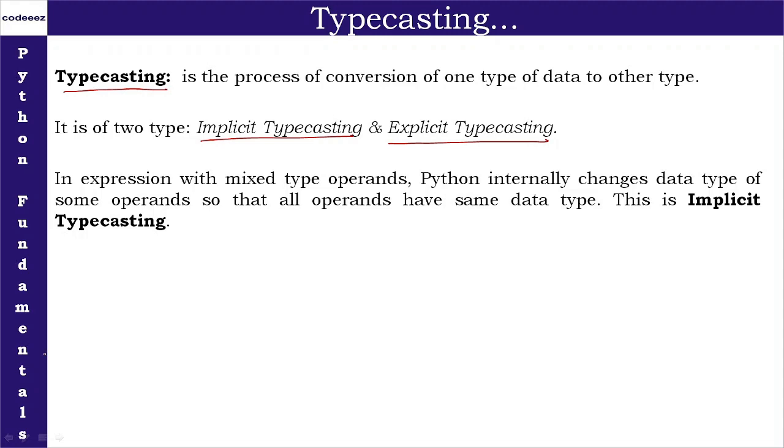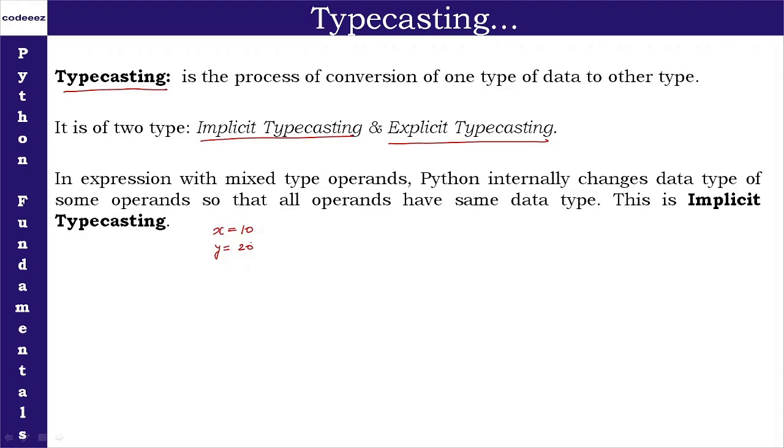Now the question is when this implicit typecasting takes place. To understand it in a better way, let us check out an example. Suppose we have a variable named x with a value initialized to 10 and a variable named y with a value initialized to 20, right? Now both these values, 10 and 20, are of integer type.